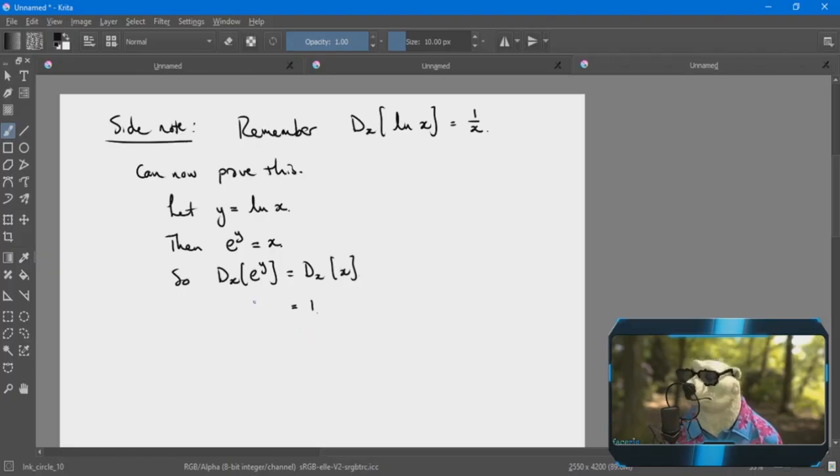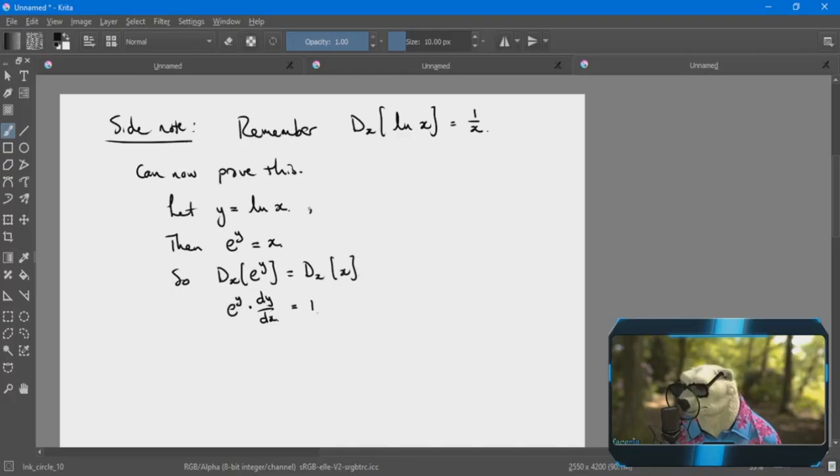On the left, I have a chain rule situation because y is a function of x that I can't see in this version, and I take e to the power of that, so it's a function of a function. So the chain rule says take the derivative of the outside function, e to the y with respect to y, is e to the y, times, says the chain rule, the derivative of the inside function, which is the derivative of y.